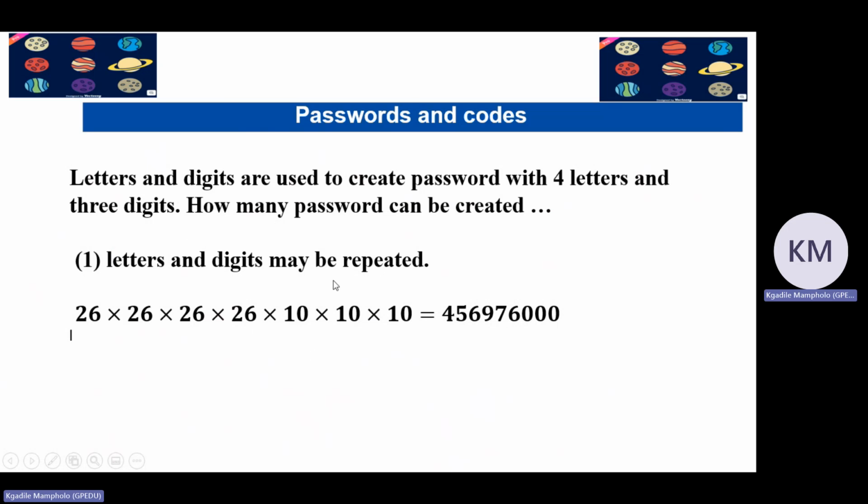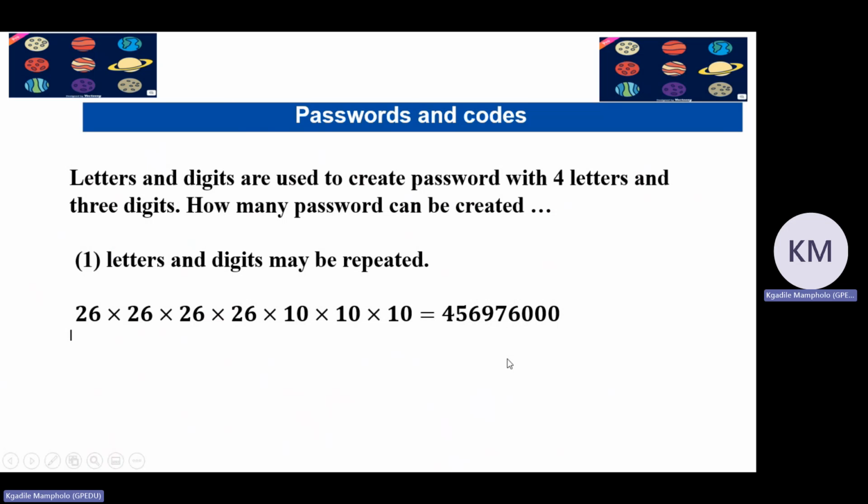So you stop here because you only have 4 letters. Then you have to choose 3 digits out of 10. Because repetition is allowed, remember the digits are 10, 0 to 9. The first one, you choose out of 10. Second one, you choose out of 10. Third one, you choose out of 10.